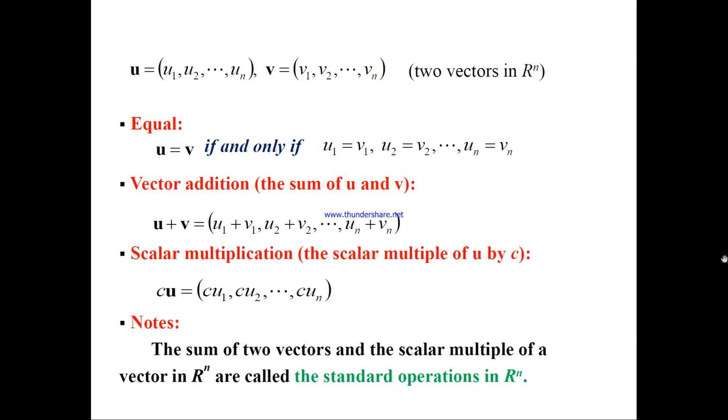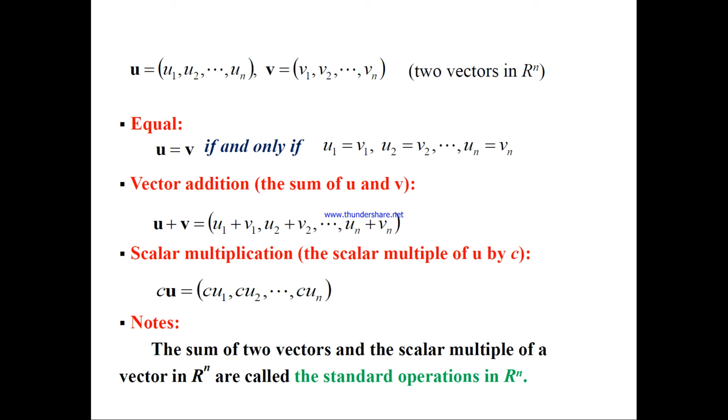Now here there can be two vectors. One vector is u, which is equal to u1, u2, and so on up to un. The other vector is v, which is v1, v2, and so on up to vn.